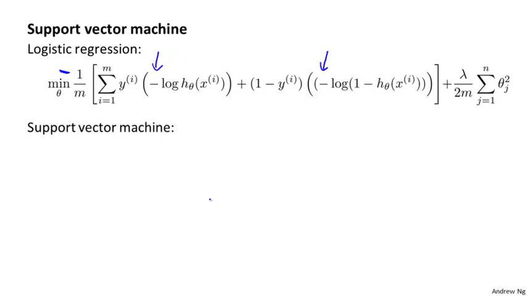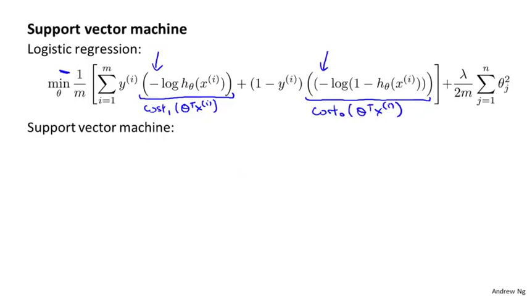For the support vector machine, what we're going to do is essentially take this and replace it with cost 1 of z, that is, cost 1 of theta transpose x, and take this and replace it with cost 0 of z, that is, cost 0 of theta transpose x, where the cost 1 function is what we had on the previous slide that looks like this, and the cost 0 function is again what we had on the previous slide that looks like this.